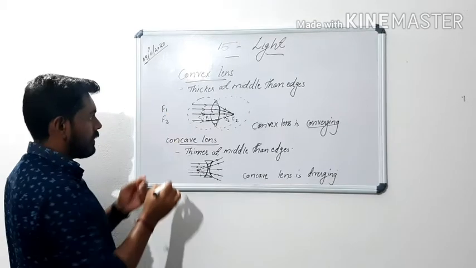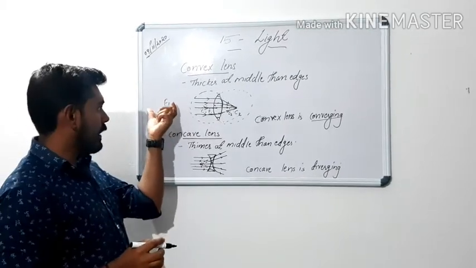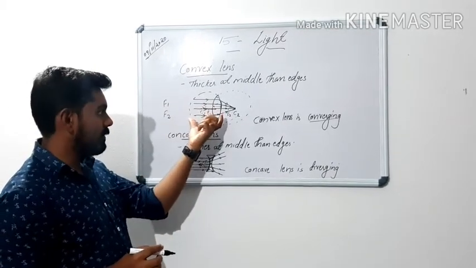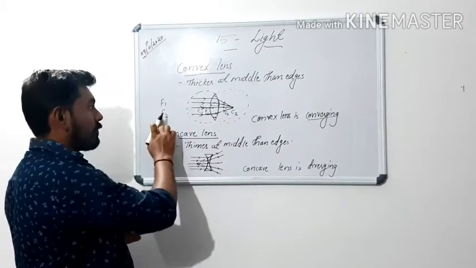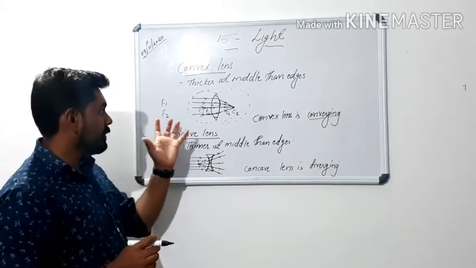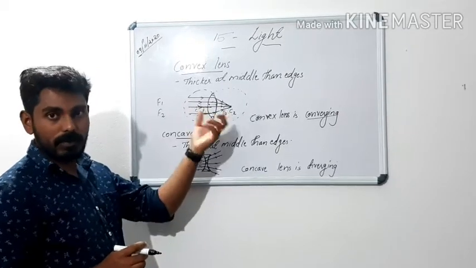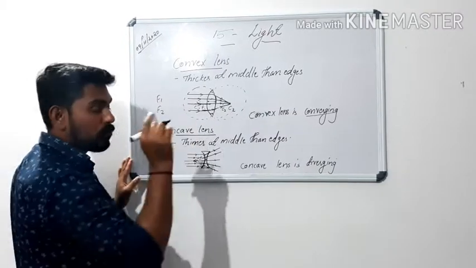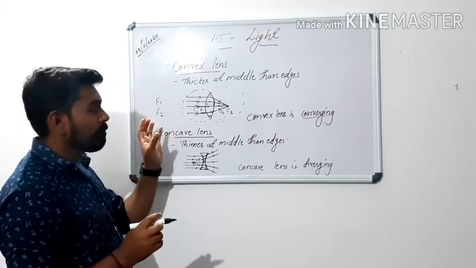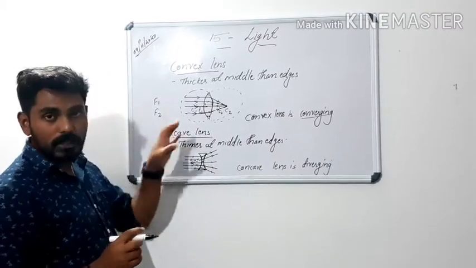F1 means the principal focus of the first surface, and F2 means the principal focus of the second surface.